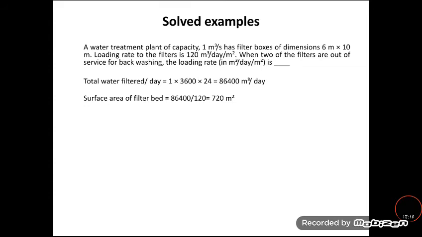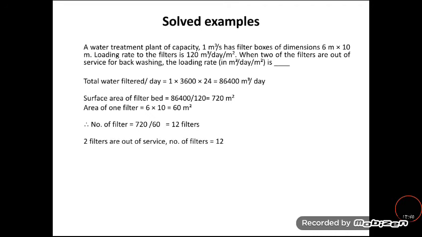The area of one filter, with length and breadth 6 by 10 as given in the problem, is 60 square meter. So the number of filters provided is the total surface area divided by the area of each filter. It will give the value of 12 filters.